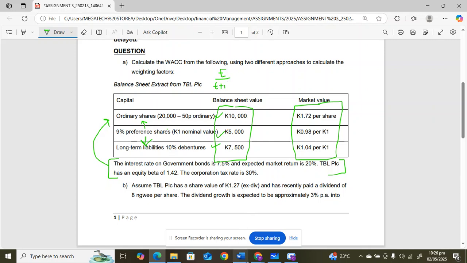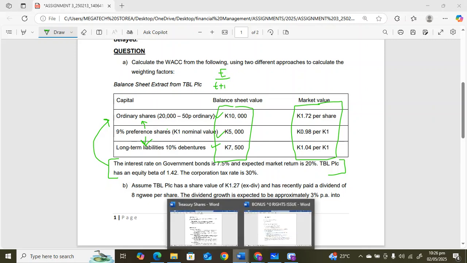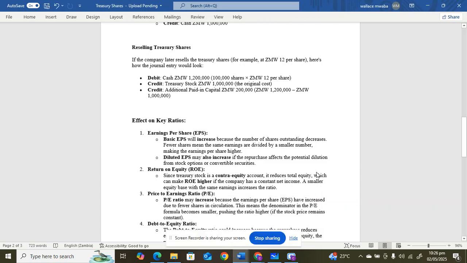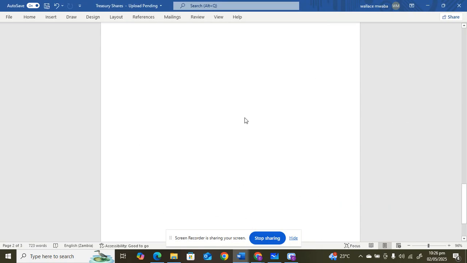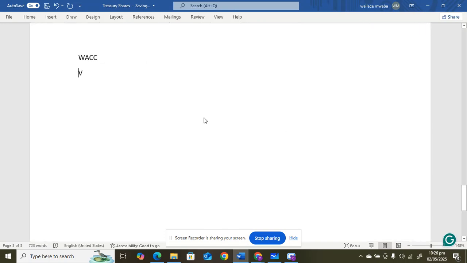Let me just type it out. In the formula, you are going to be getting the weights of the ordinary shares and the preference shares, and you will be multiplying them by the individual costs.